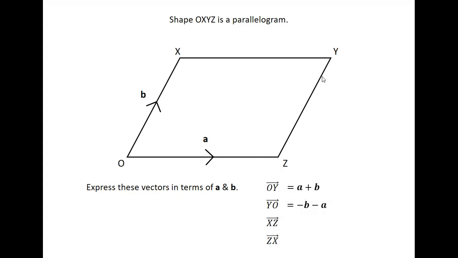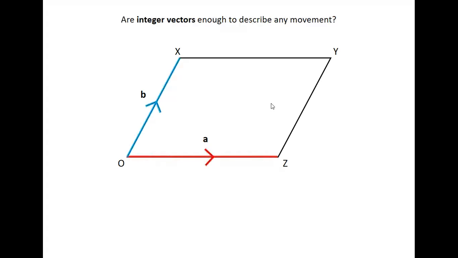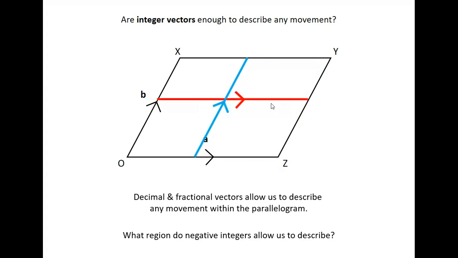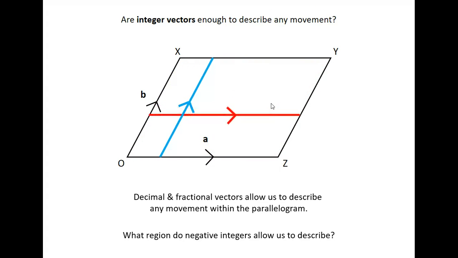Now most of the pupils are getting more familiar and are fluent in finding the missing vectors, which doesn't involve fractions or ratio. Now, are integer values enough to describe any movement? Not really.